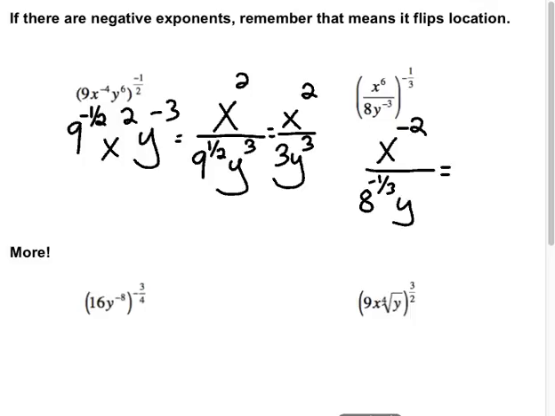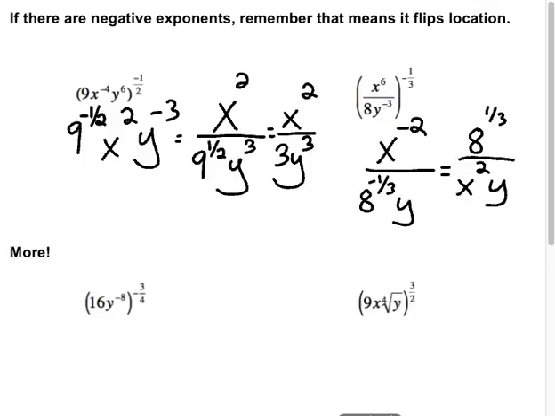So now we have all these negative exponents that we need to clear up. So the 8 is going to move up to get a positive exponent. The x is going to move down to get a positive exponent, and the y is just going to stay as is. Okay, it doesn't have to change.